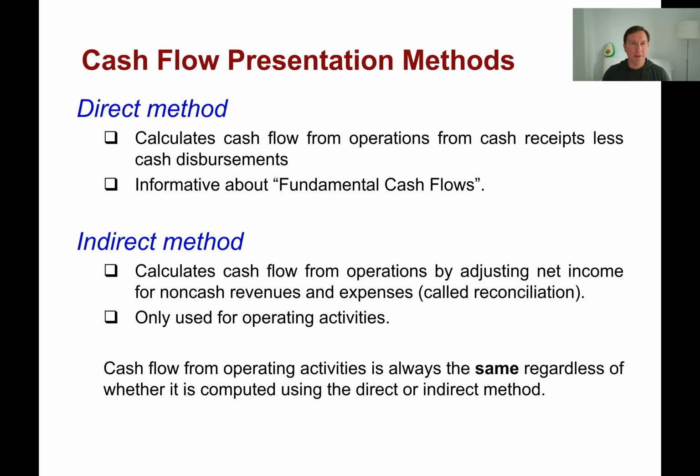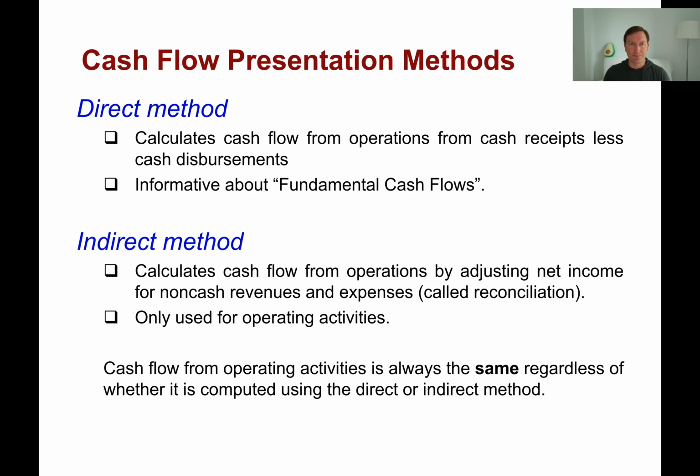Okay, so direct method works as follows. Basically, you see cash flows by source and use, right? So for instance, what are the sources of cash flows? Cash received from customers, for example, or cash received from capital providers if you raised capital, and so on.